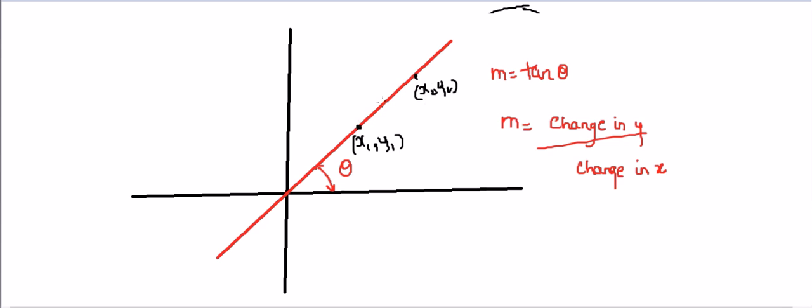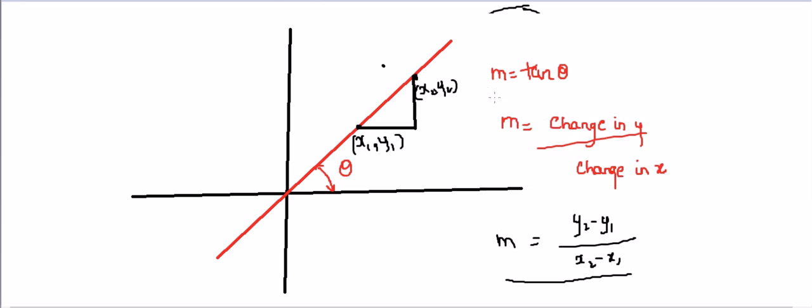To move from one point to the other, first I can move horizontally and then vertically. So change in y divided by change in x gives the slope. Change in y is y2 minus y1 and change in x is x2 minus x1. These are the two formulas by which you can calculate the slope of a given line. If theta is given, you can directly calculate tan theta.